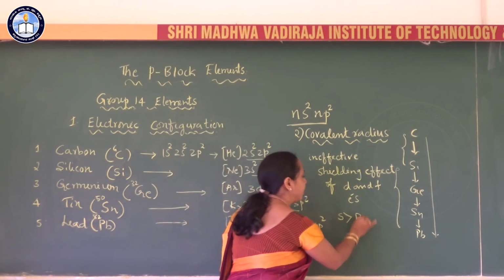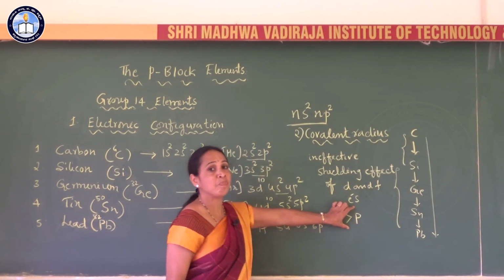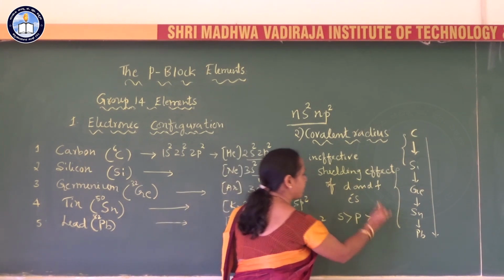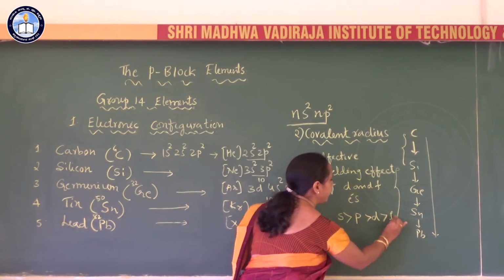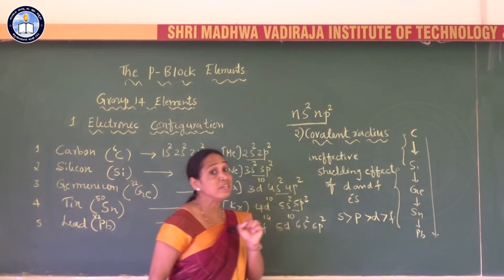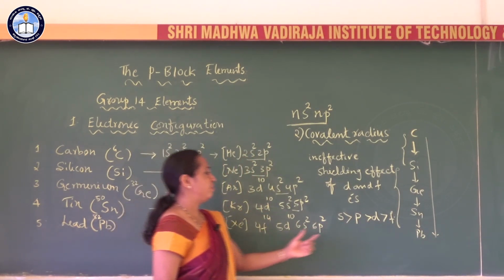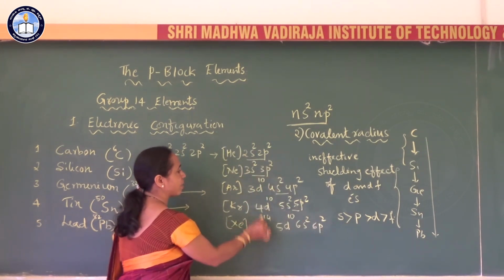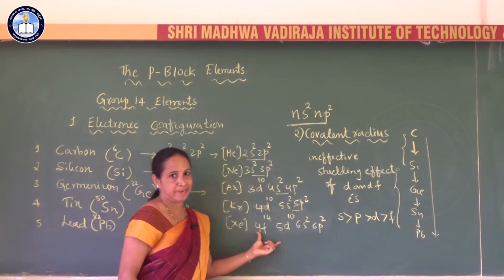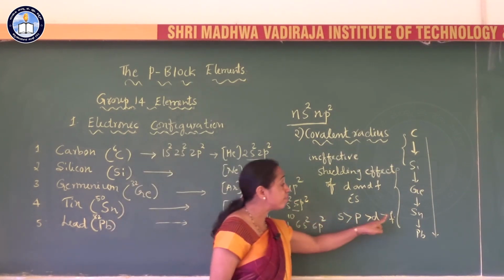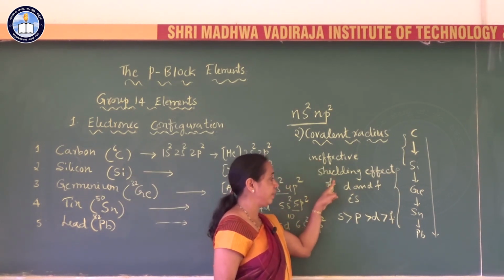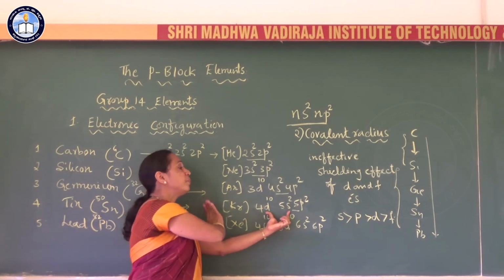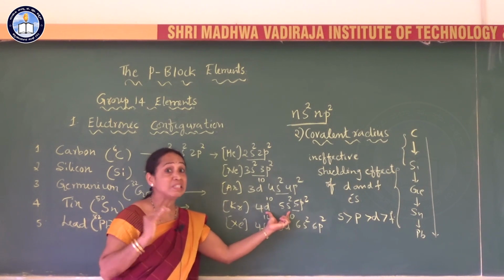Next, the screening effect of P electrons is less than that of S electrons, D electrons come in the next order, and the screening effect of F electrons is the least. So if we consider our 14th group elements, most of the electrons are present in D and F orbitals, and their screening effect is less. We call it ineffective screening. Then as the screening effect decreases, the attractive force of the nucleus on the outer electron increases.